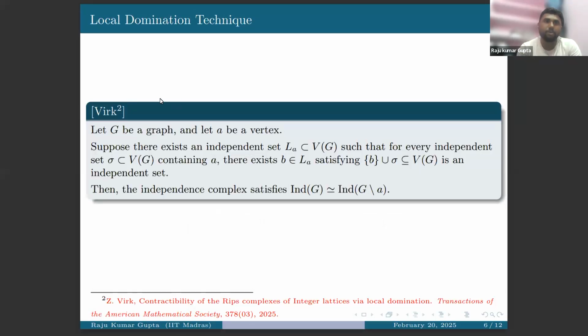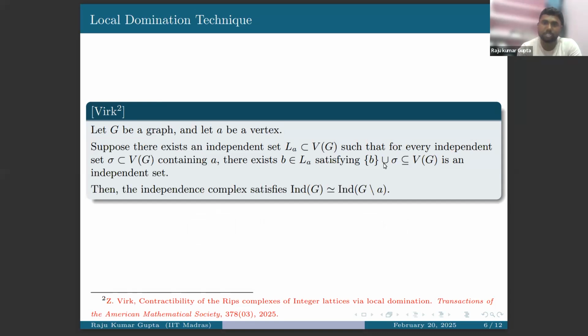Another technique is called the local domination technique. Suppose we have a graph G and A is a vertex in G. Suppose there exists an independent set L_A such that for every independent set sigma containing A, there exists B in L_A such that B union sigma is an independent set.